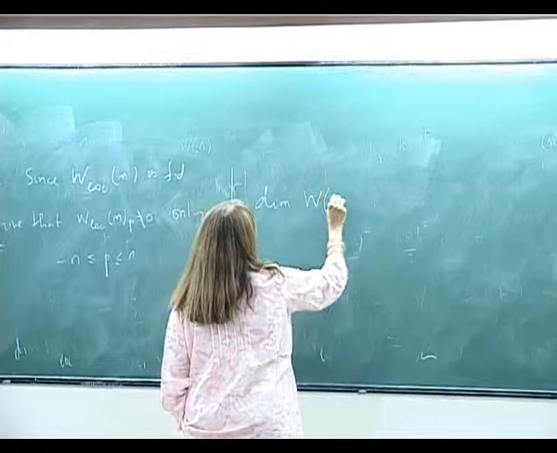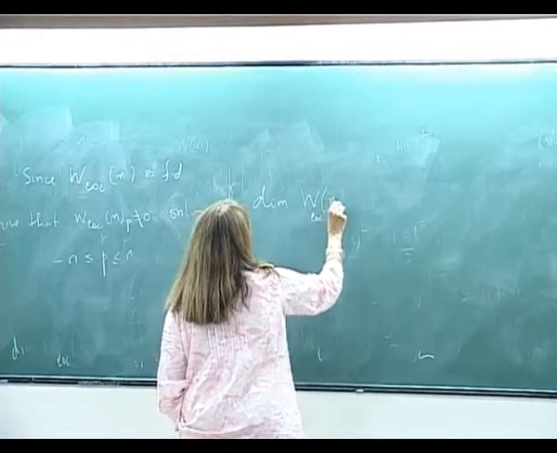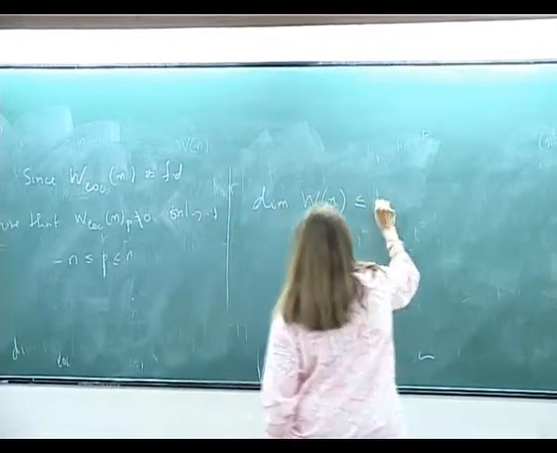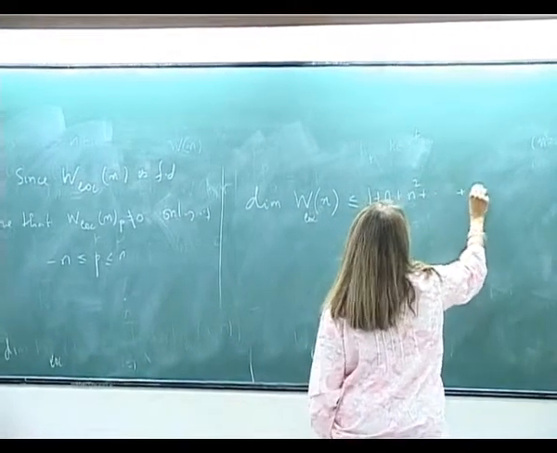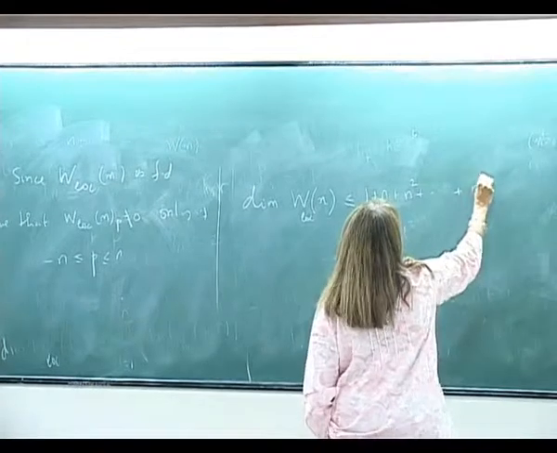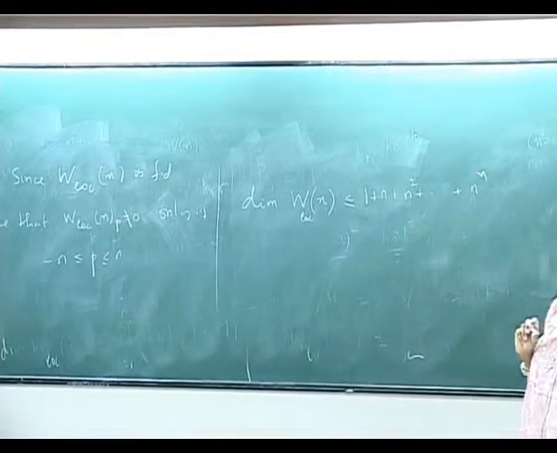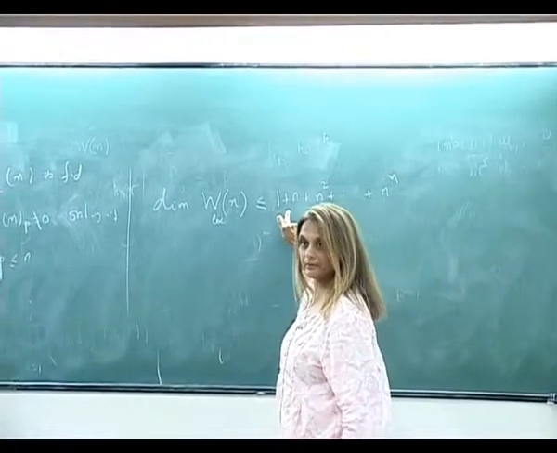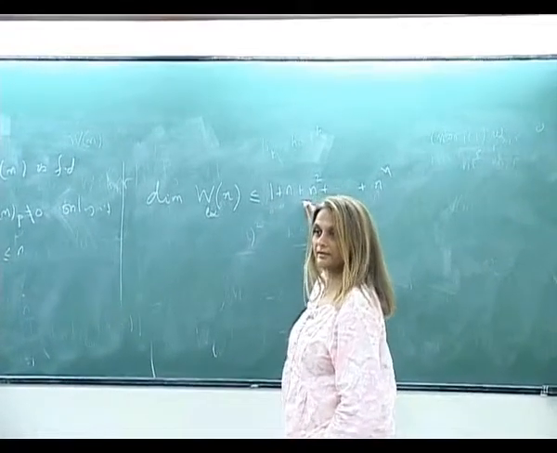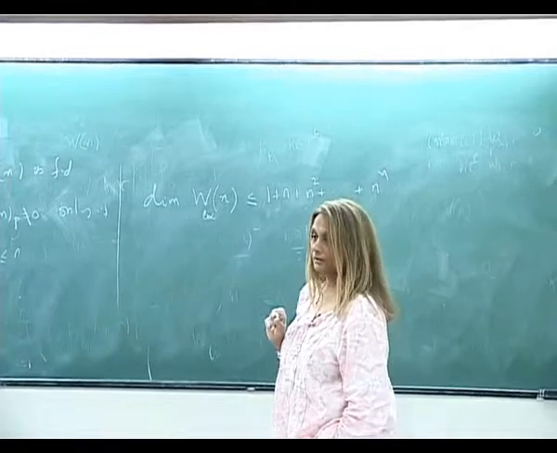The bound that I get for the dimension of W log n is that it's less than or equal to 1 plus n plus n squared plus up to n to the n, right? Because the top weight space is one dimensional, the next weight space was bounded by n, the next weight space by n squared. So this is the bound.